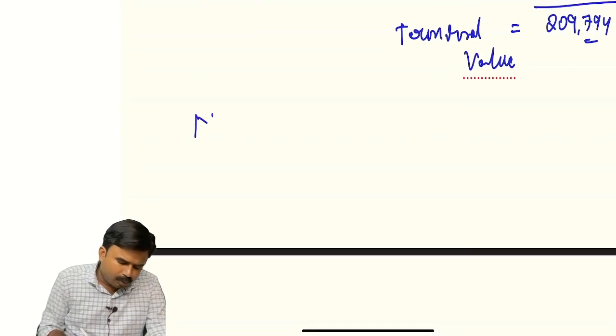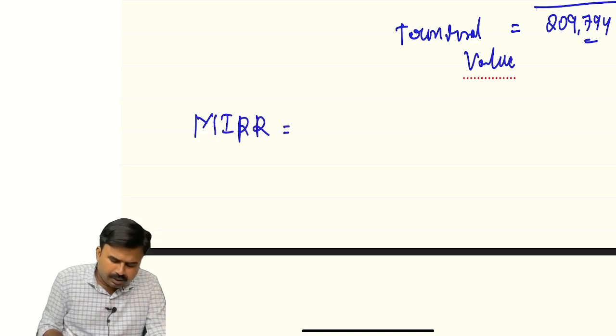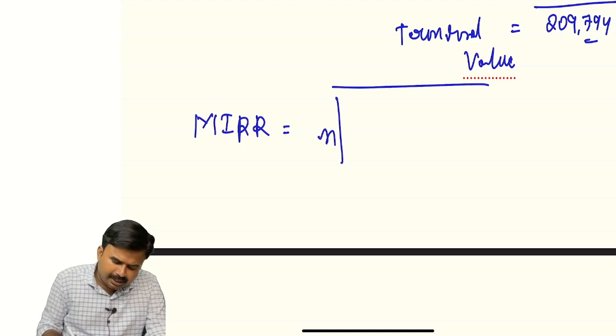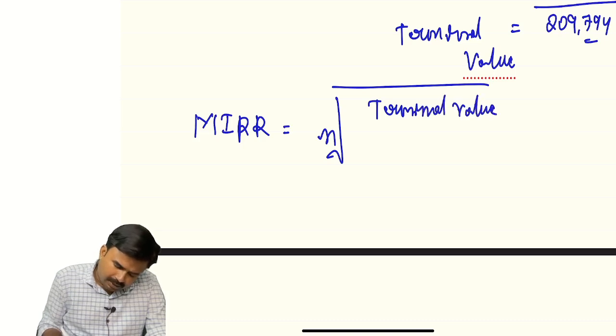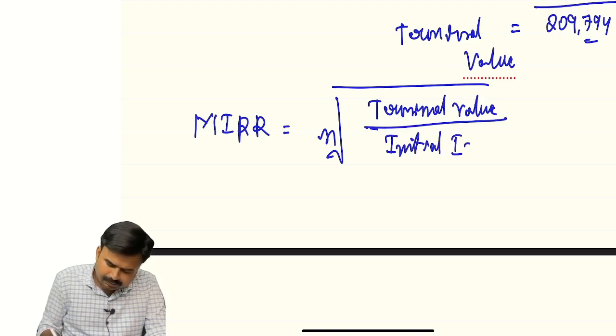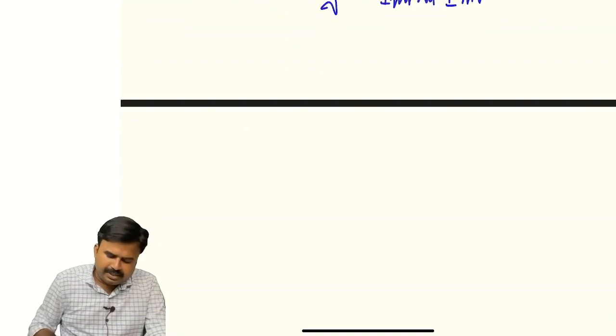So modified IRR, MIRR, for conventional cash flows, the formula is the nth root of terminal value divided by initial investment, minus 1. N means the life of the project.